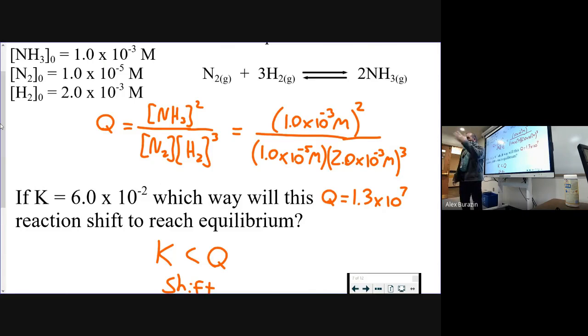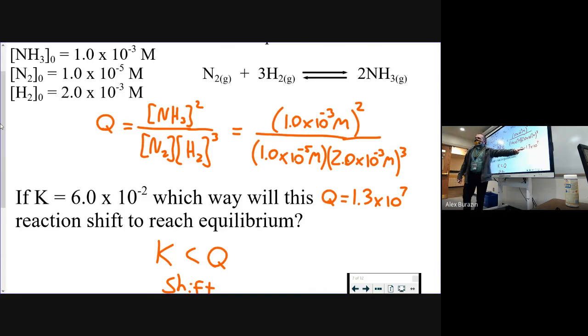When the ratio is less than 1, it's implying that our denominator is bigger than our numerator. We have more reactants. So currently, we have a very, very large value of Q, meaning we have way too many products, and at equilibrium, we should have way more reactants than products. So long story short, where we are, we have too many products.